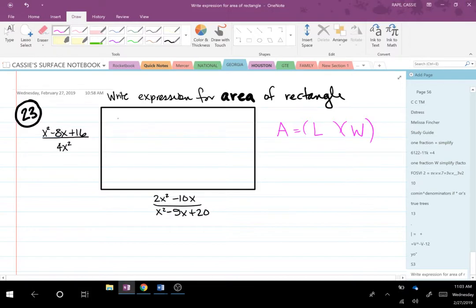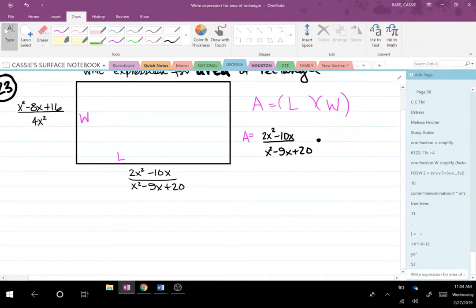It doesn't matter in a rectangle if you call this the length or the width or the other way around, but the area is equal to the expression for the length, 2x squared minus 10x over x squared minus 9x plus 20, times the width, which is x squared minus 8x plus 16 over 4x squared.